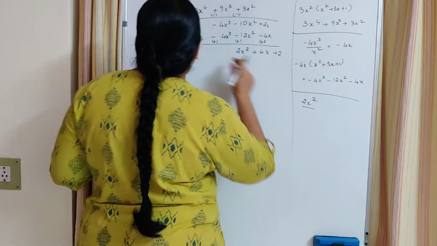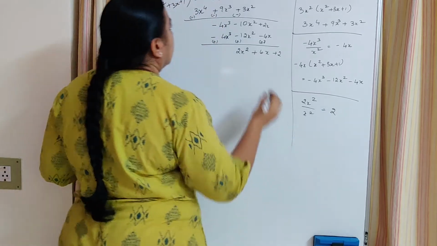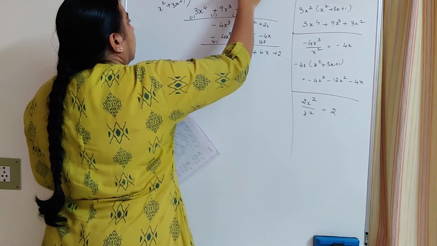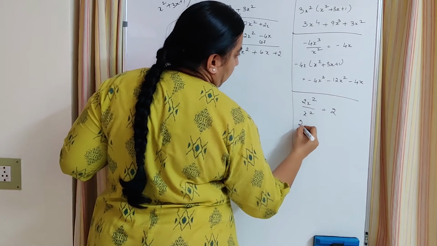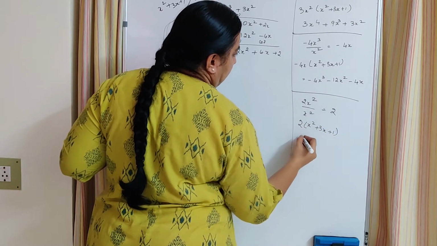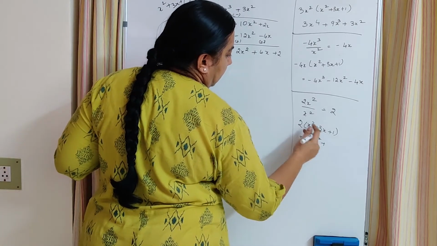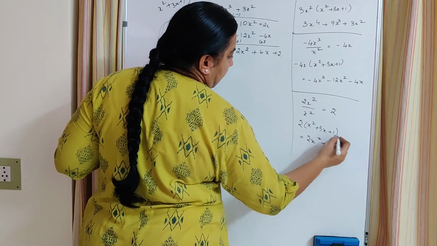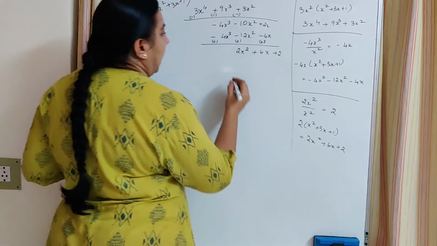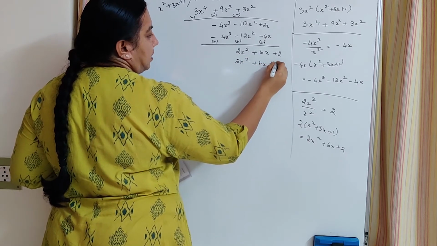2x square divided by this x square, and it is equal to 2 plus 2. Then I multiply again: 2 into x square plus 3x plus 1 is equal to 2x square, 2 3s are 6x, plus 2. And 2x square plus 6x plus 2.